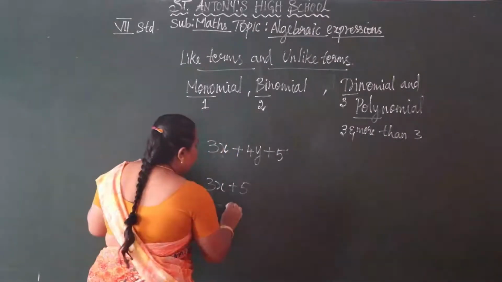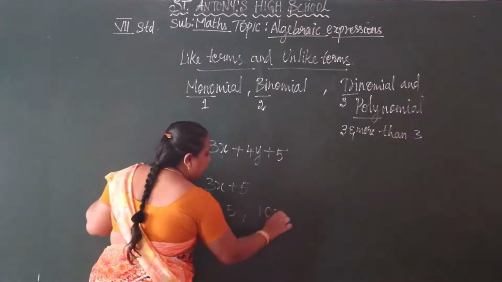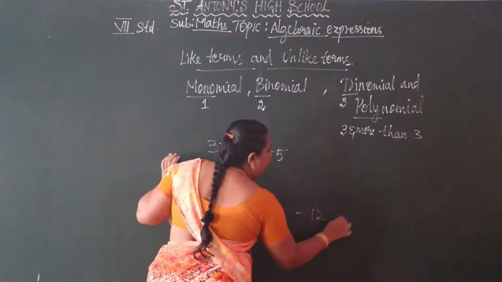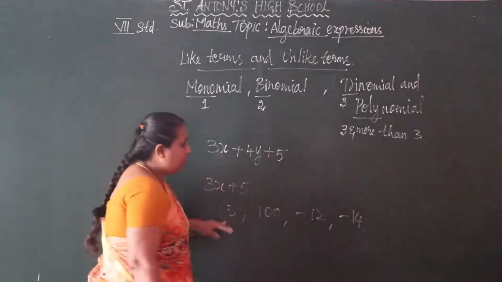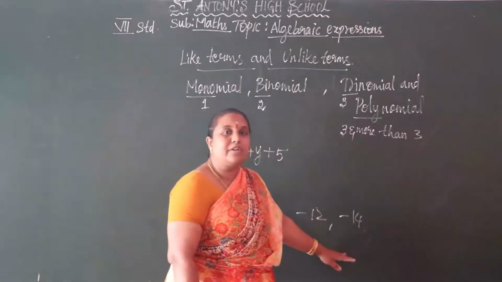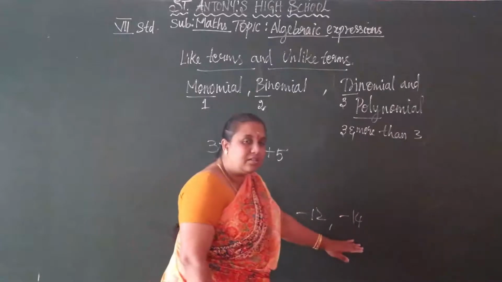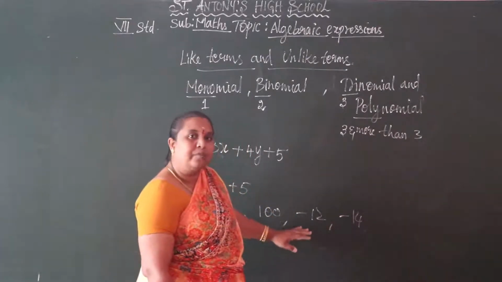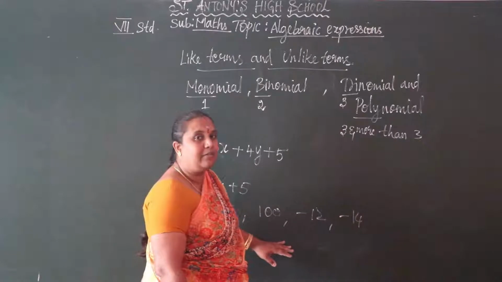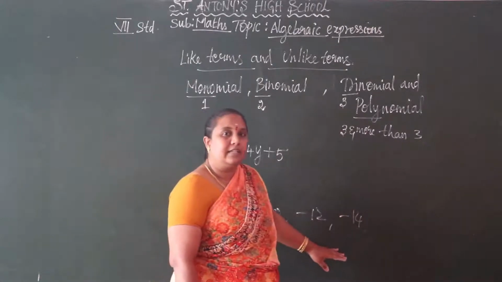If we have 5, 100, minus 12 and minus 14, are these all like terms or unlike terms? You have a doubt, no? These are constant terms in the expression, so we can say they are like terms.